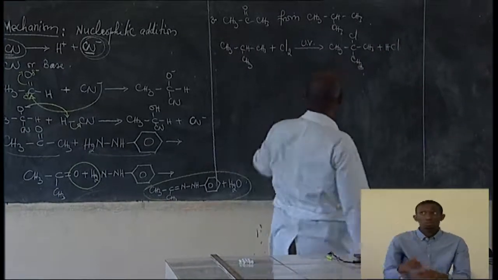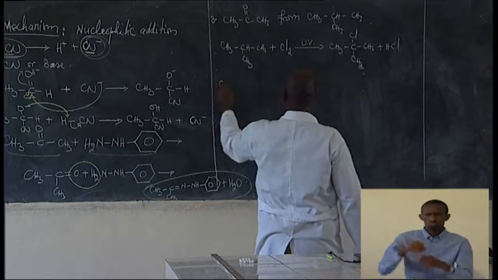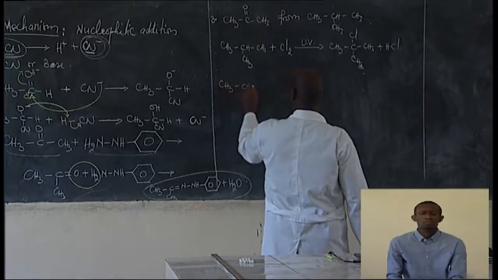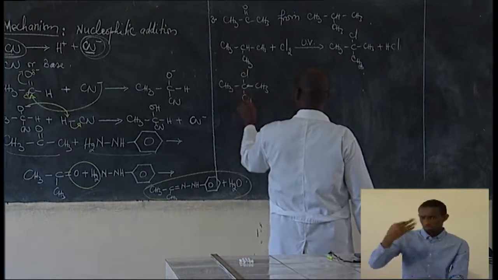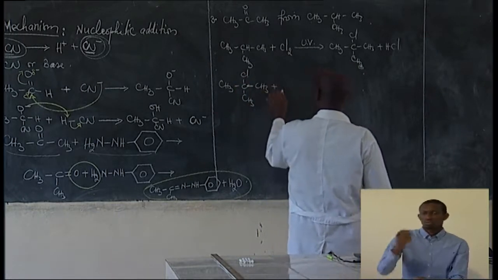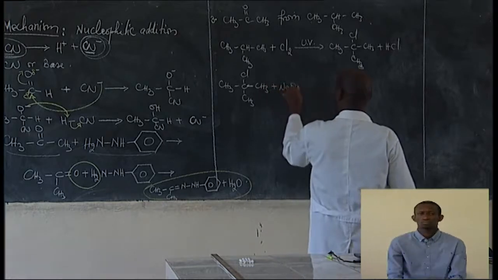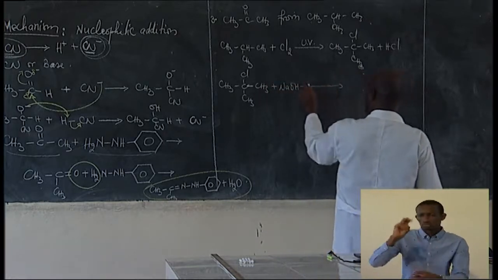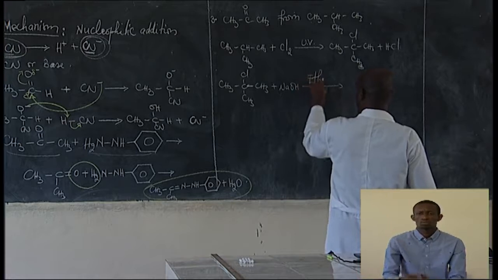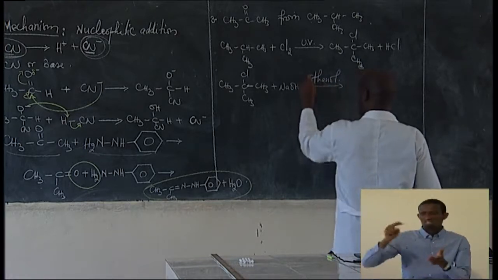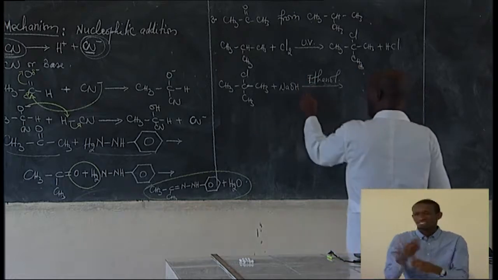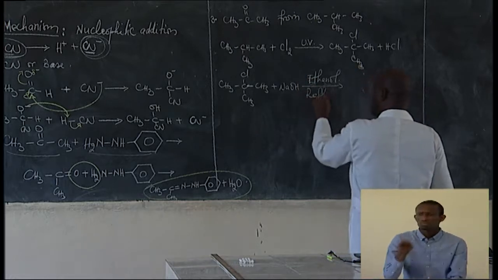And from this compound, we will create a double bond. There is chlorine here. Let's add sodium hydroxide, and we reflux in ethanol. Remember, when we use ethanol, we get another product, a product of elimination. And we have to reflux.